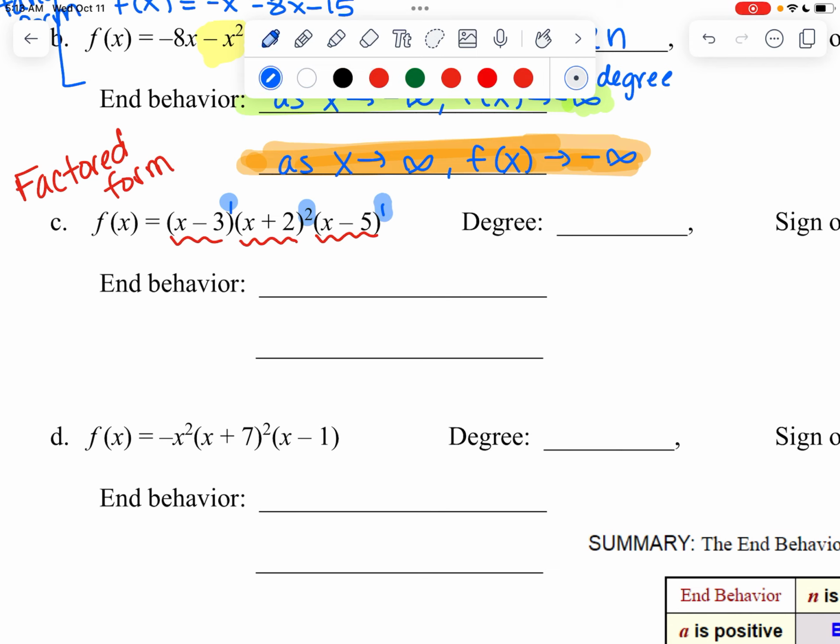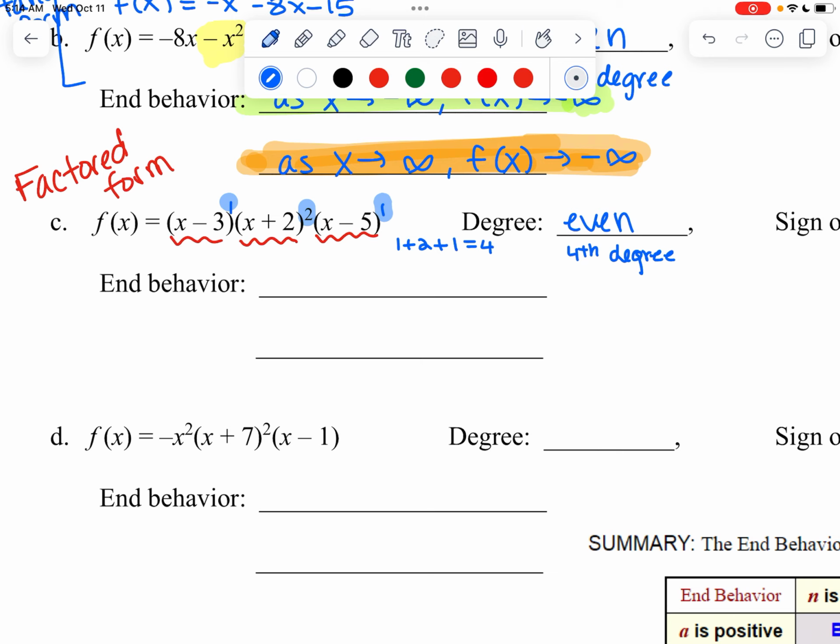When I'm thinking about the degree, I'm going to take them and think about multiplying out x's. When you multiply x's together, you add their exponents. So if I were to multiply this out, I would add up the powers of 1, 2, and 1, and I would get a 4. So this would end up being an even degree polynomial because it would end up being a 4th degree.